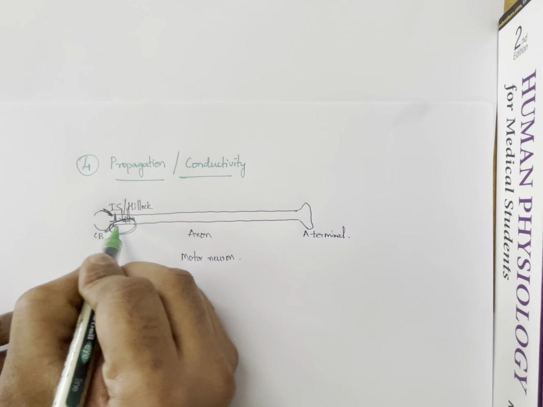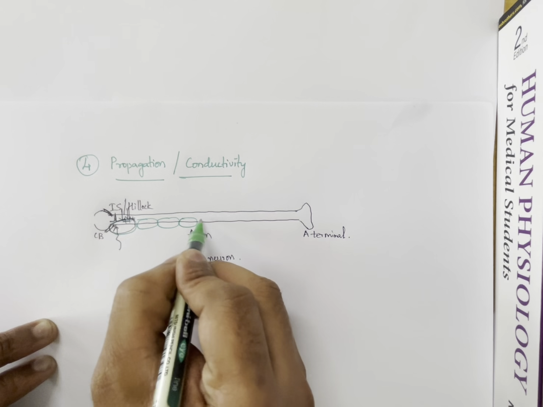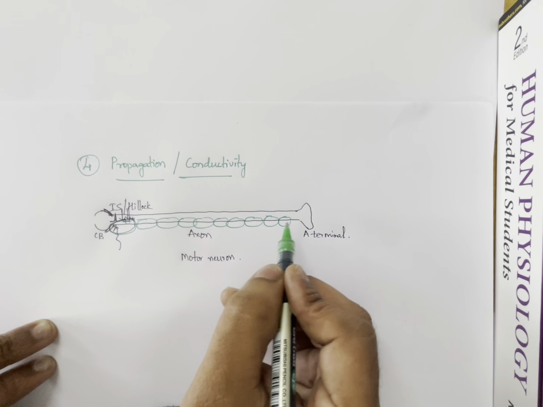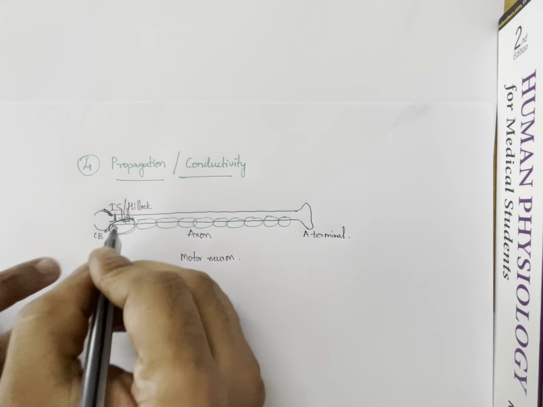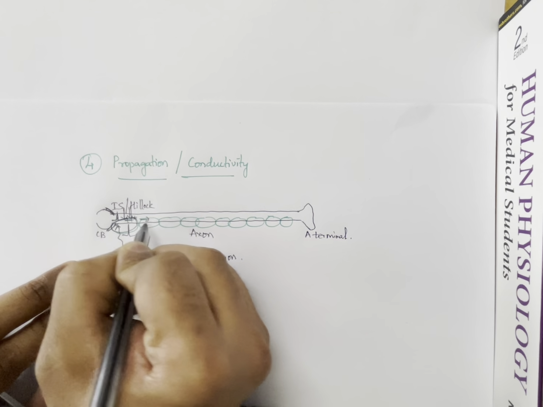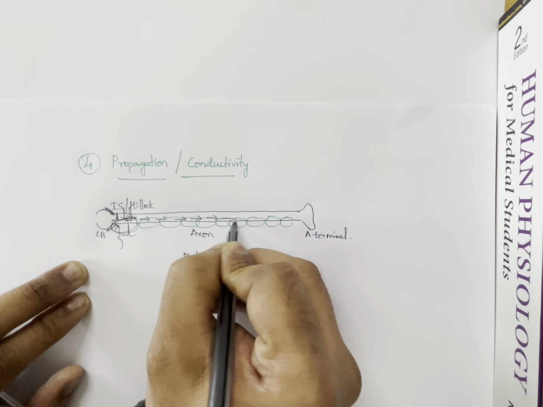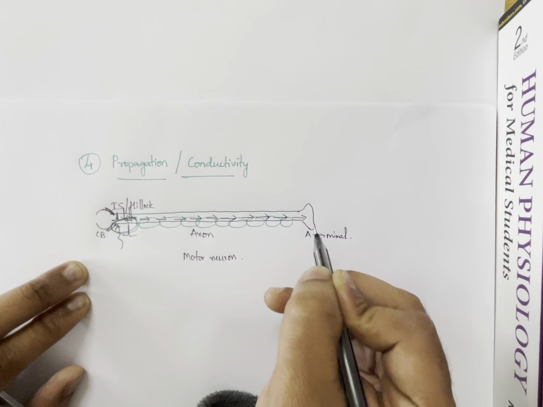How does the action potential from this area spread to the neighboring areas? We need to understand. I have divided the axon into many small areas. The action potential generated here has to propagate all along the length of the nerve fiber till it reaches the nerve terminal.